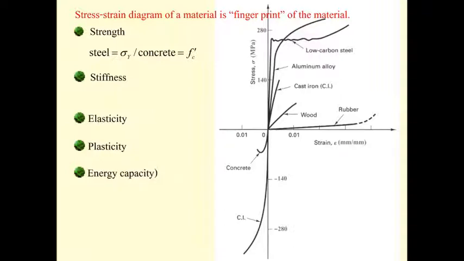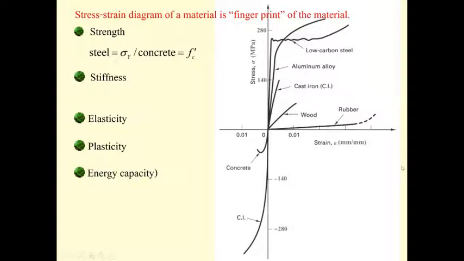How about the stiffness? The stiffness is the ability of the material to resist the force by changing the shape. If the material has high stiffness, it's going to deflect or deform less, and if it has less stiffness, it's going to deform a lot.